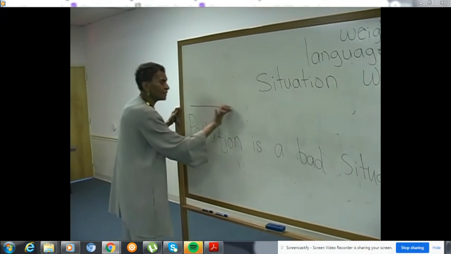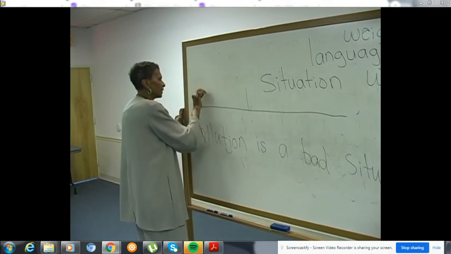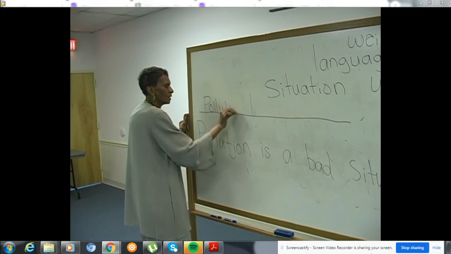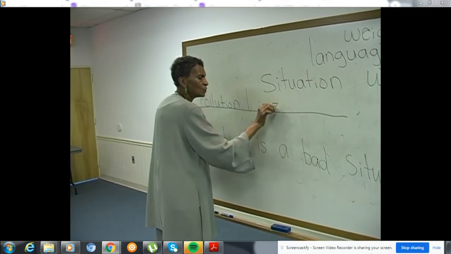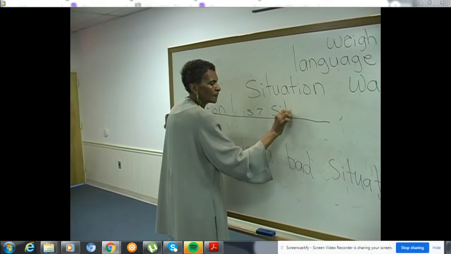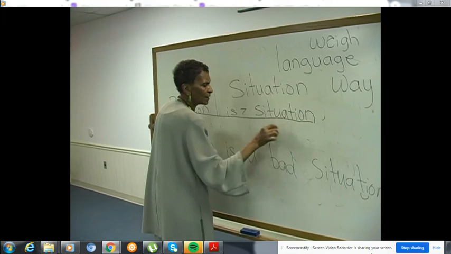Okay, pollution is a bad situation. What's our subject? Pollution. What's our verb? Is. Is what? Situation. What kind of situation?